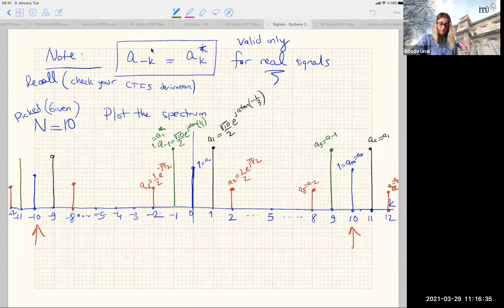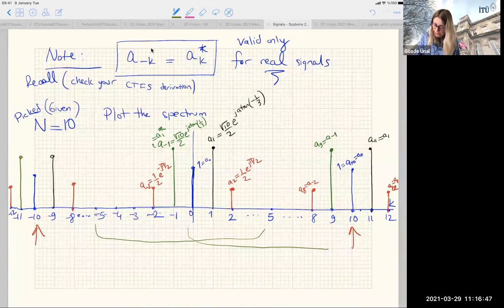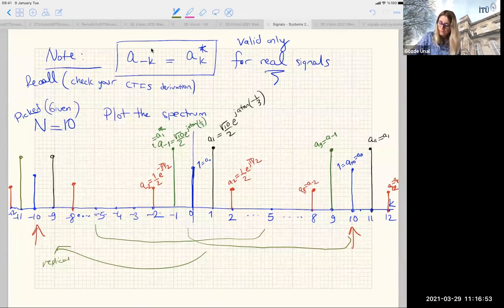It replicates, so it's fine to look at this, for instance, between minus 5 to 4, or it's fine to look at this pattern between 0 to 9, of course. It replicates and replicates, even in both directions more.